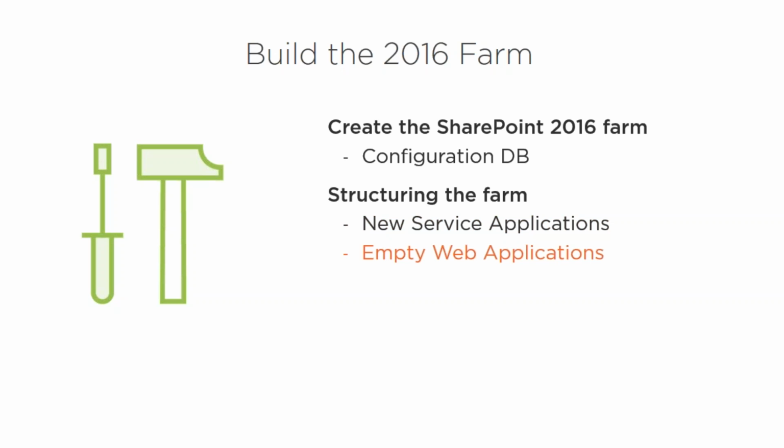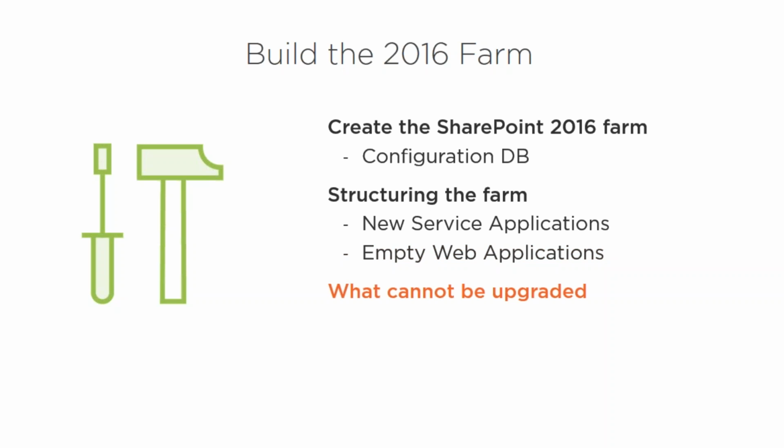Then you're going to create empty web applications. These will be the web applications that ultimately you're going to connect your content databases to. You can create them with or without a database using PowerShell, but then you're not going to create a root site collection, because when you bring over your 2013 content, it will take the place of the existing web applications, and it will start to run.